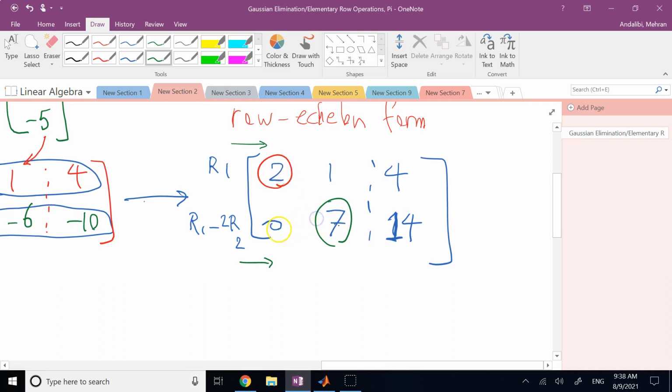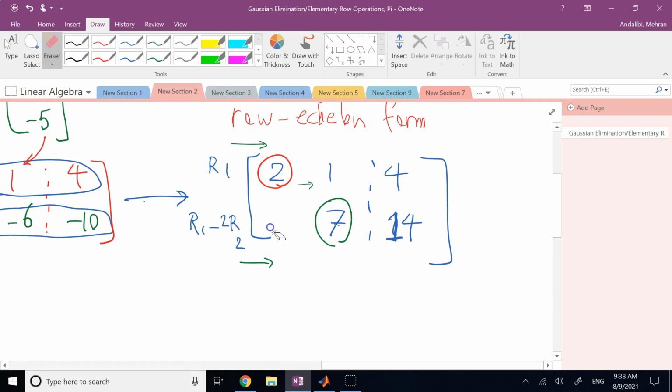If the 7 was right below 2, that's not strictly to the right, it's below. Or if it was to the left of it, again, not. So basically, if you have a 2 here in row number 1, right below it you should not have any non-zero number. It has to be 0. If you have any non-zero number, it should start from the right side of the 2, all the way to the right, which you can see is the case. Correct?